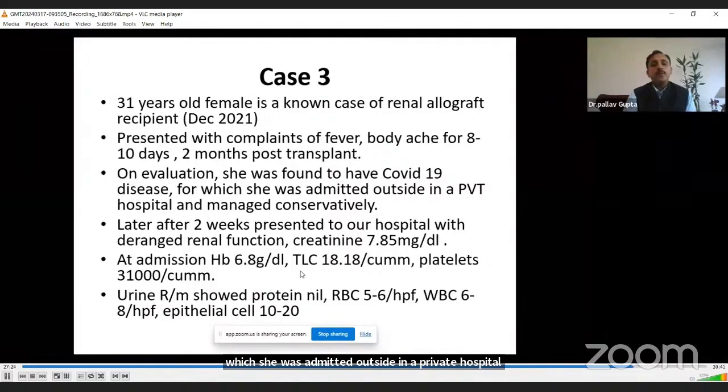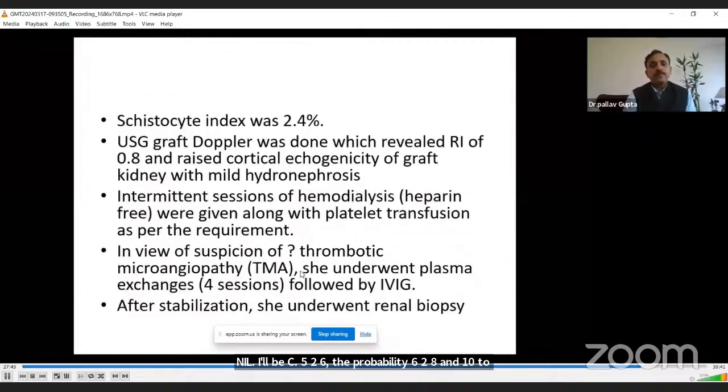Later, after 2 weeks, she presented to our hospital with deranged renal function, a creatinine of 7.85 milligram per deciliter. On admission, hemoglobin was 6.8, total count 18,000, platelets 31,000, and urine routine microscopy showed protein nil, RBCs 5 to 6, WBCs 6 to 8, and 10 to 20 epithelial cells per field.